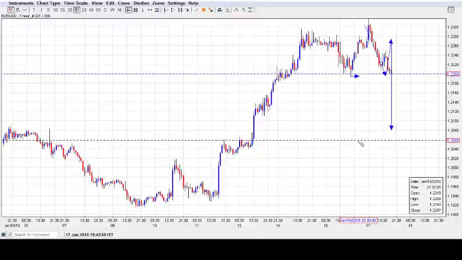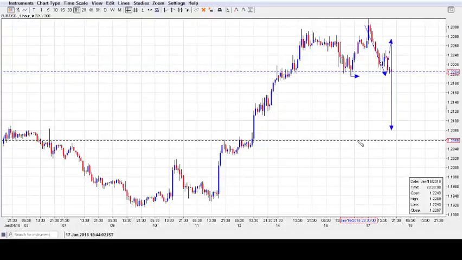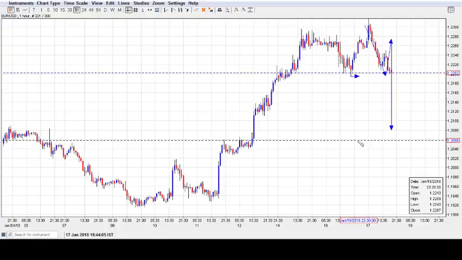Alright, so short-term traders can book profits in the Euro USD. Just a moment.